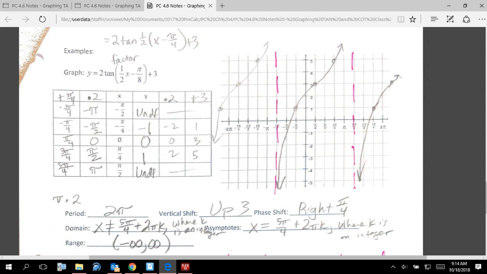So if you're working ahead, I have a mistake on the next one. You should be able to figure out that mistake as you're working ahead. I don't know if you have anything else to do.